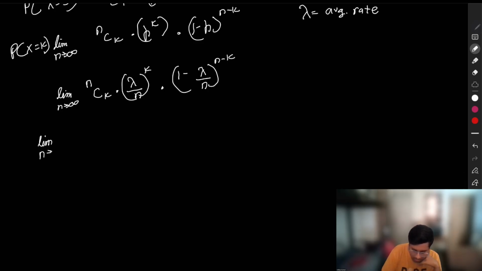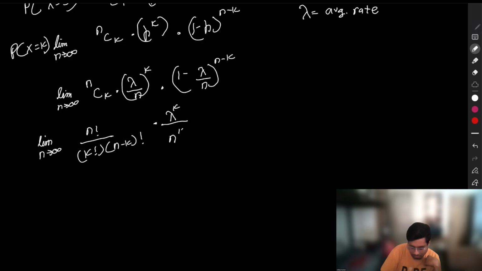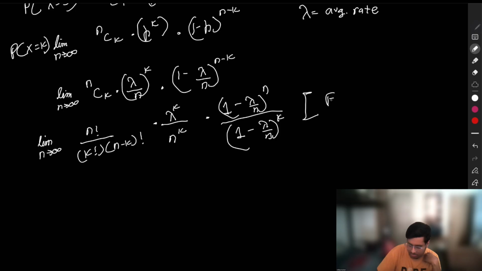Limit n tending to infinity, n factorial upon k factorial multiplied by (n minus k) factorial, multiplied by lambda raised to the power k upon n raised to the power k, multiplied by (1 minus lambda upon n) raised to the power n, upon (1 minus lambda upon n) raised to the power k. So what we have done here is just expanding the terms.